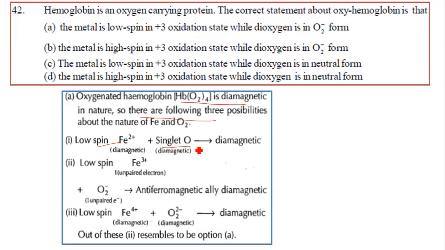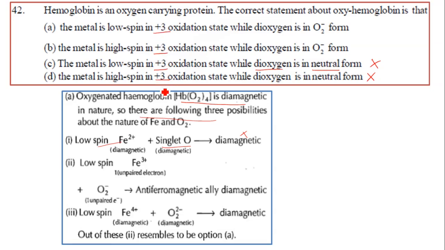This is not possible. Hence options C and D are ruled out because the neutral dioxygen will not bind with Fe3+. In all the options, the oxidation state is given as +3.